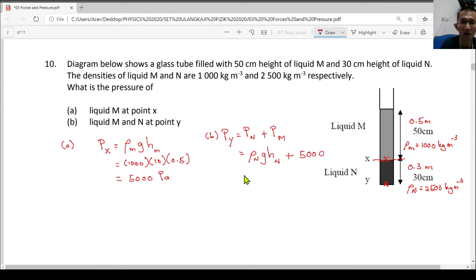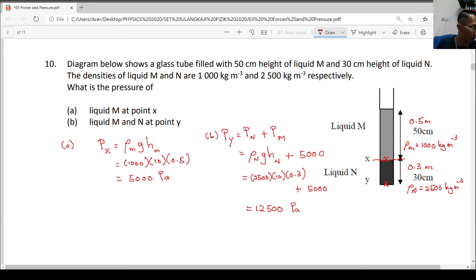Okay, so let's substitute all the values into the equation. The density of N is 2500, G is 10, and then H is 0.3, and then plus 5000. So the end result is 12,500 Pascal.